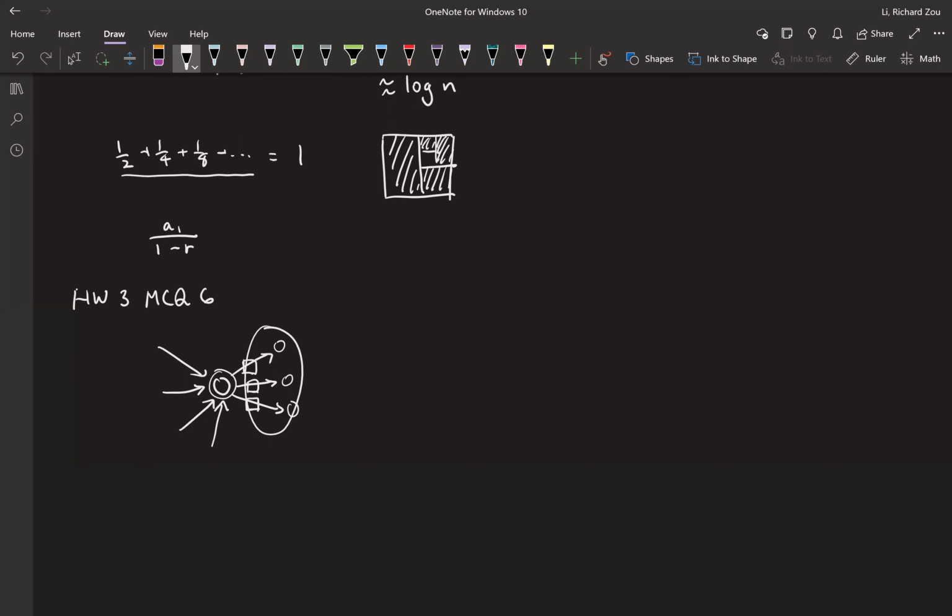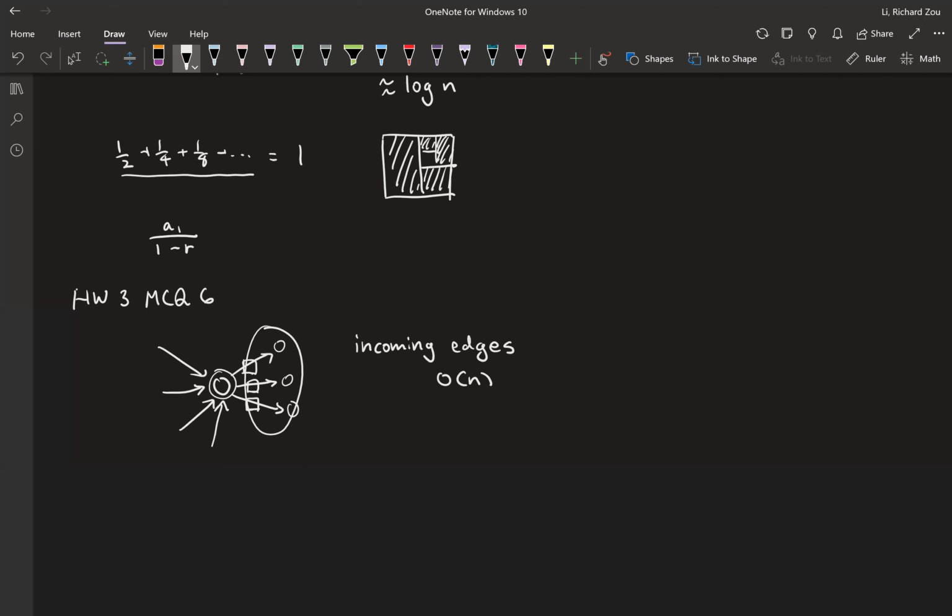How many incoming edges can a single node have? This is on the order of O of n, because it's a directed graph and there are only so many nodes that exist in the graph. So even if we draw an incoming edge from every other node to this node, there's only ever going to be O of n incoming.